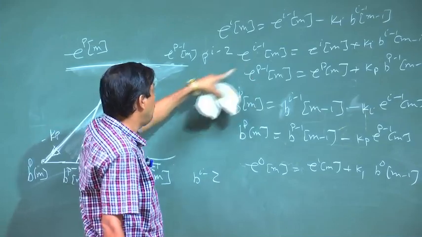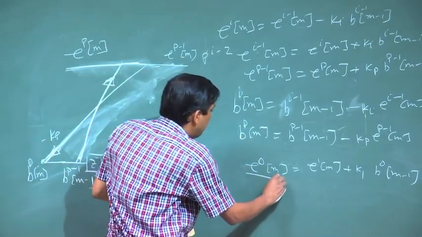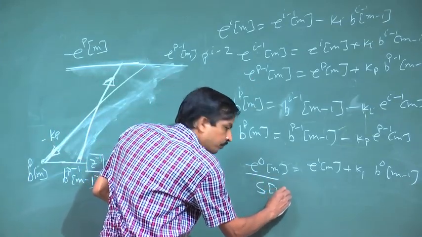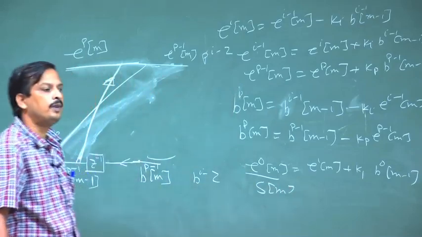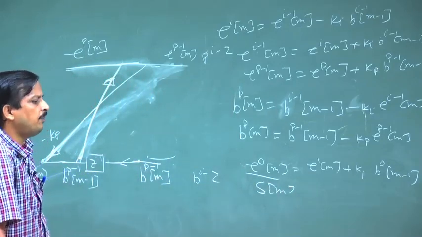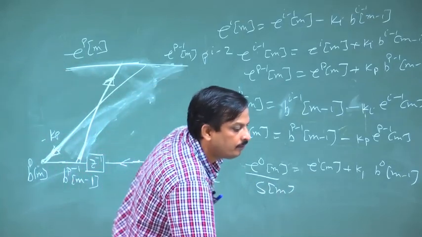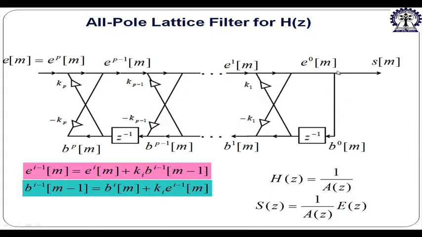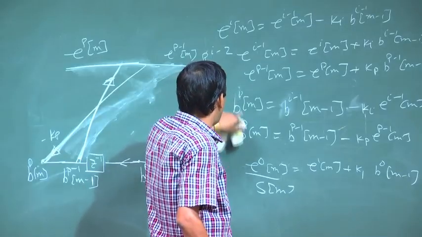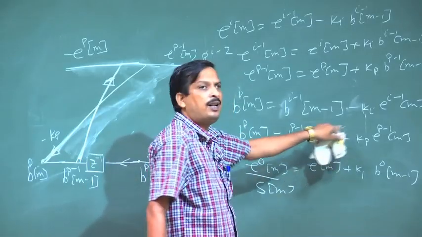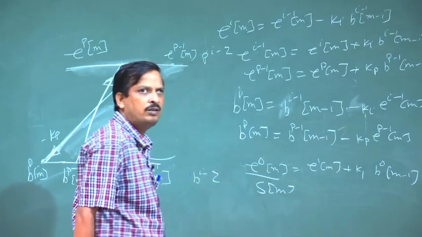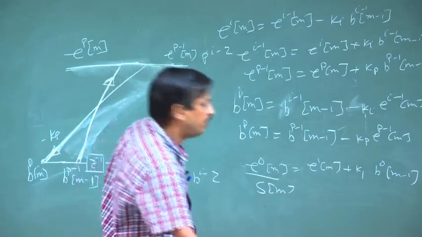Now, E0 m is nothing but my Sm, so E0 m is equal to Sm. So this is the picture. E0 m is equal to B0 m, and if I want to calculate B1 m, B0 m, I require B0 m minus 1, B1 m minus 1. Okay, so I can do that.